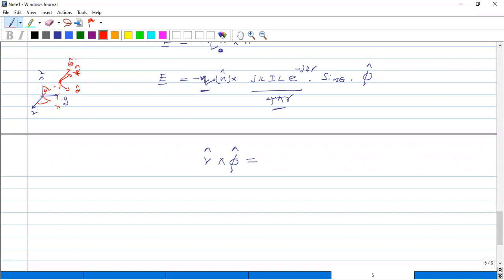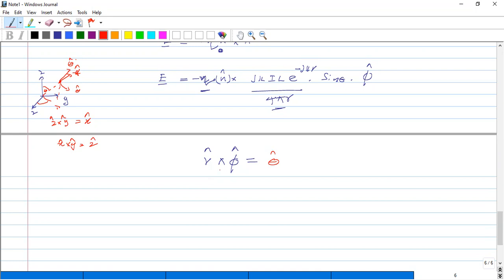Now you are going to find r hat cross 5 hat. So what is that one? It is very easy. R hat cross 5 hat is theta hat, no? So you know that x hat cross y hat should be z hat. In the same manner, r hat cross theta hat will be 5 hat.